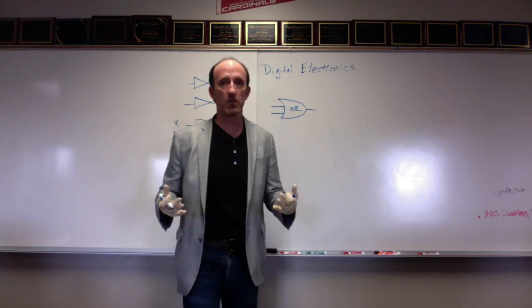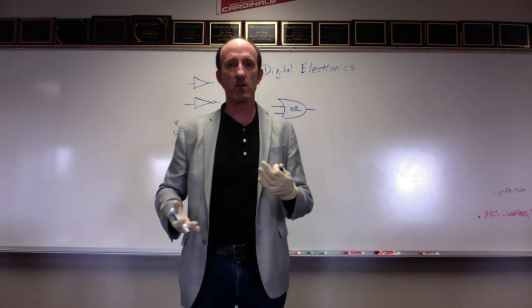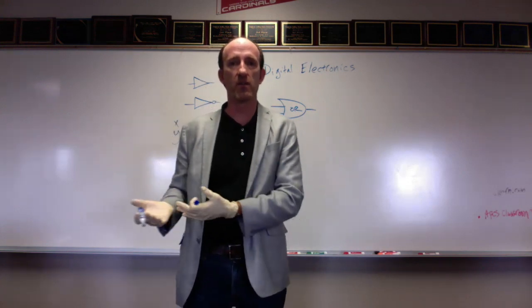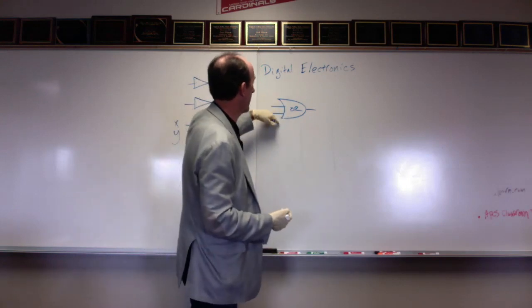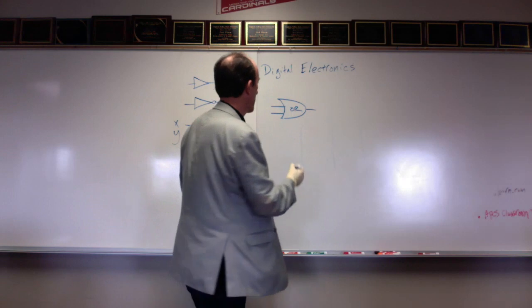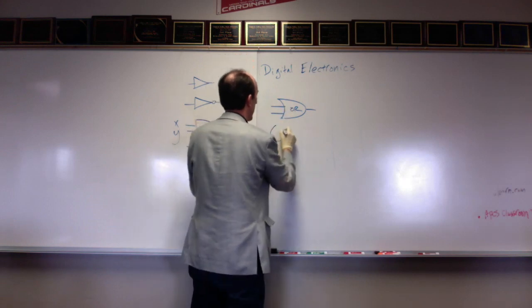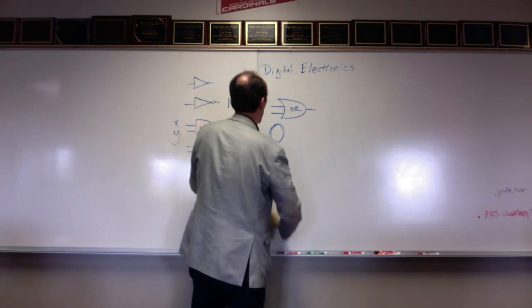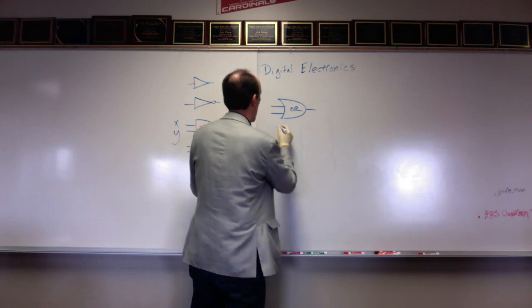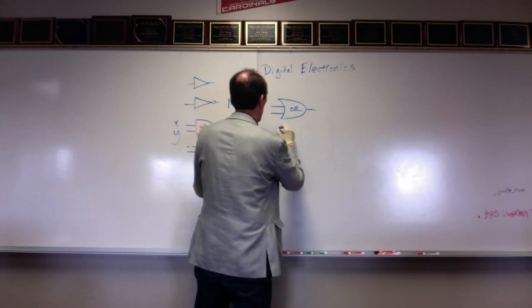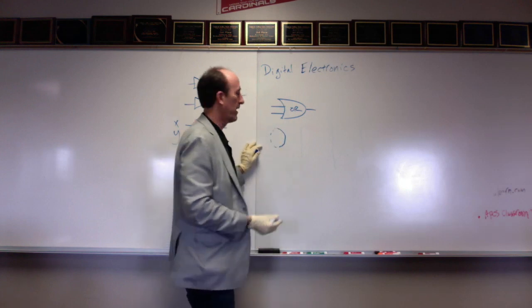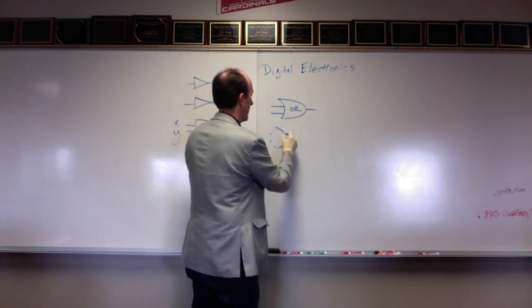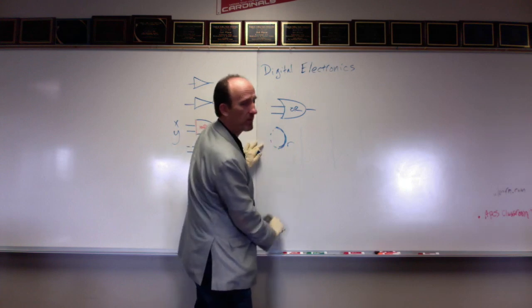To remember that, running along the same lines as with the AND, if you look at the beginning of it, the place where you enter, it's curvy like an O, like an O in OR, okay?